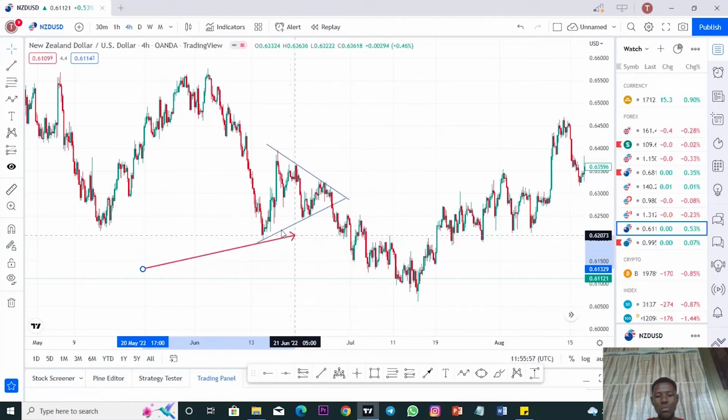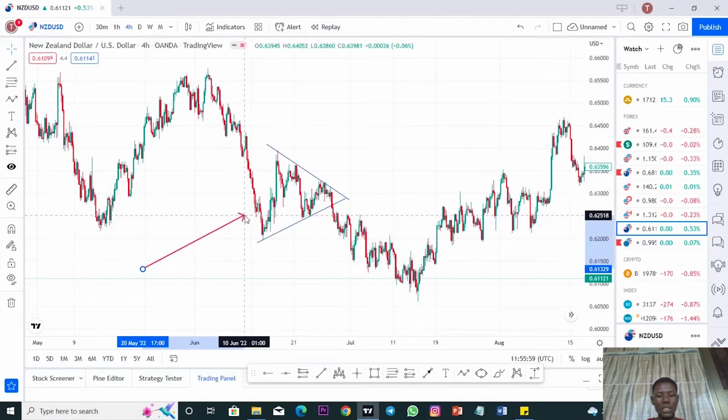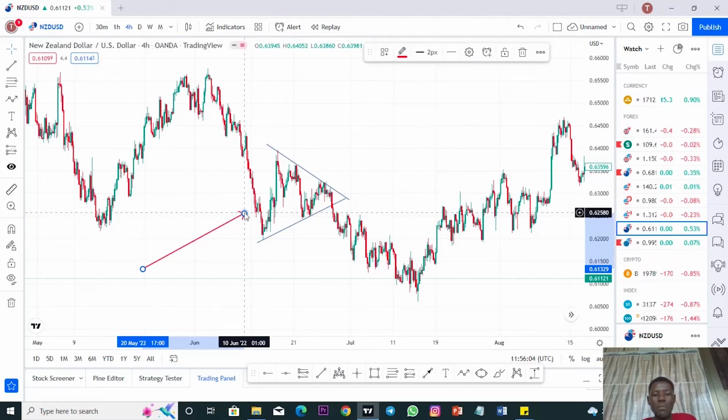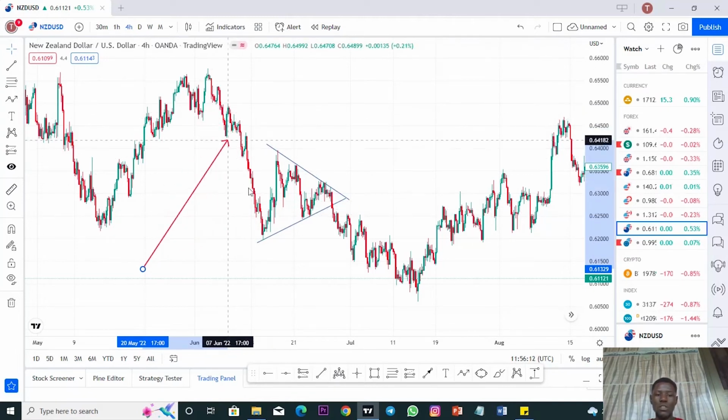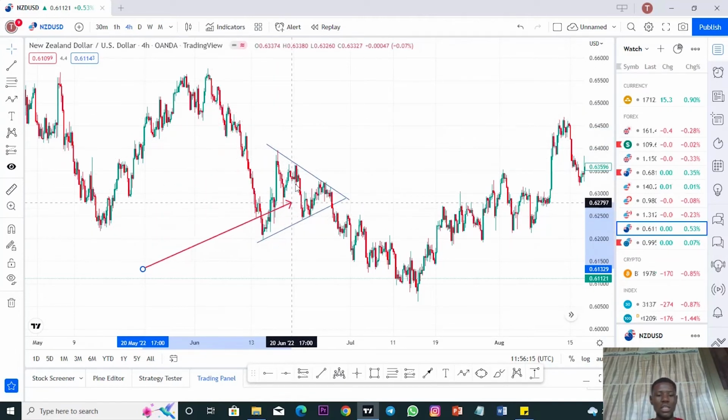Most of the time, continuation patterns are used to continue the movement of the market in the same direction. For example, on this chart you see the market is pushing from the upside and consolidating at this point.